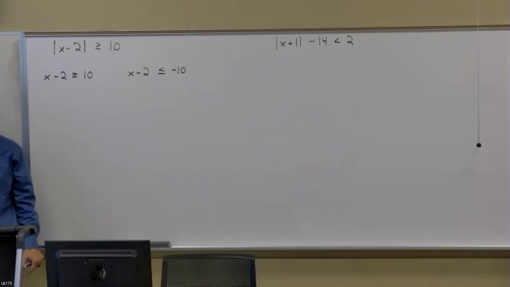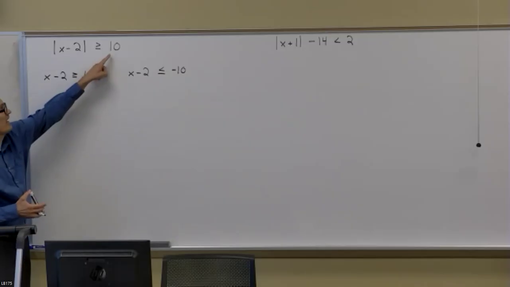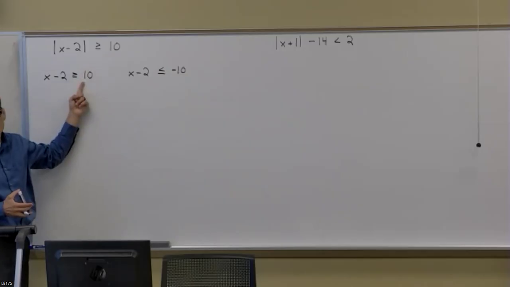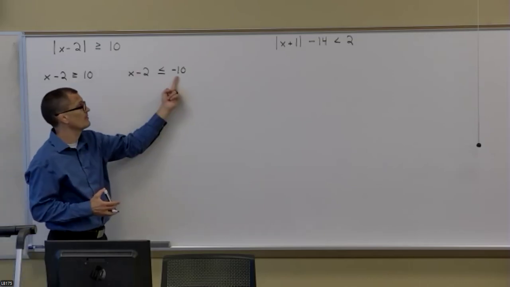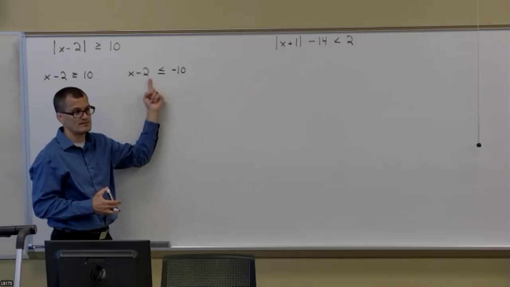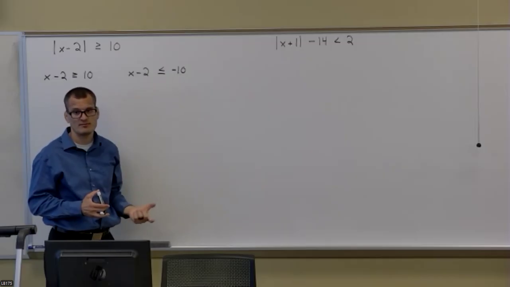Well, that's weird sounding, but this is going to be the case every single time. When we're dealing with the positive of that number, we keep the sign the same. When we take the negative of that number, we'll flip the sign. Okay, because it's like multiplying both sides by a negative.